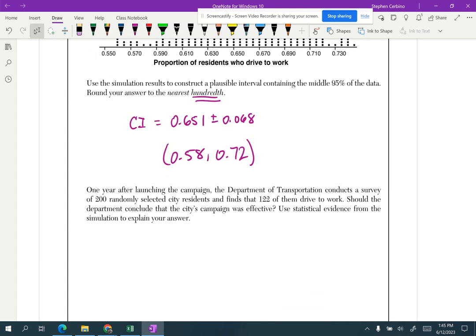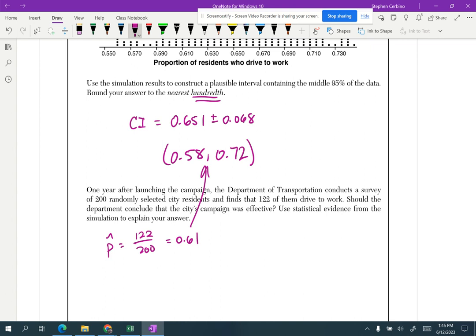So the simulation found that this was our confidence interval, but the sample, right, our p hat, is 122 over 200, which is 0.61. That is in this interval. Because it's in that interval, it wasn't an effective campaign because it was comparable to the results that we had before the campaign.